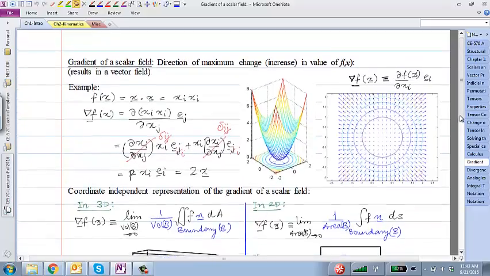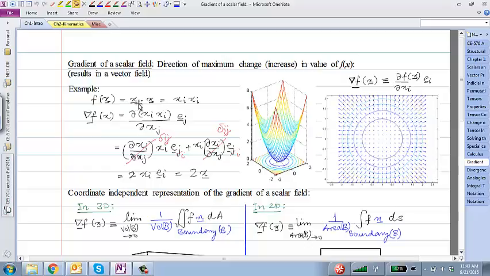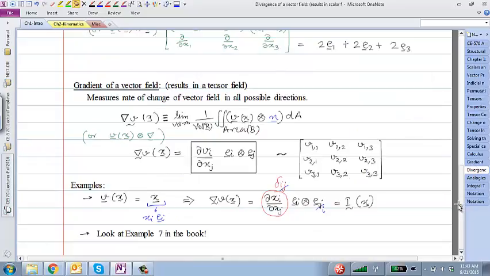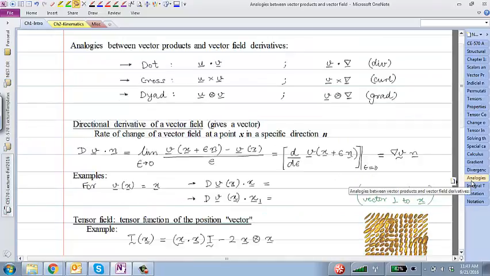So in the same way, if you start out with some scalar field, you take first derivative or first gradient, that will give you a vector field. You take a gradient again, that will give you a tensor field. Okay. All right. So I'll let you look at the example, and now let's proceed further.